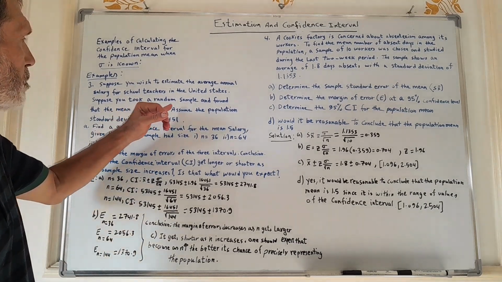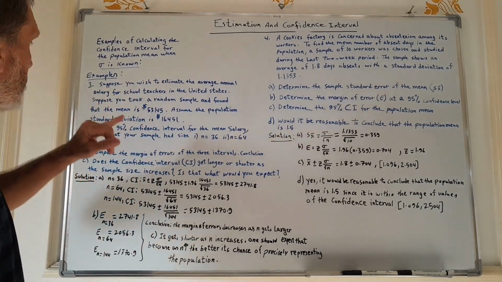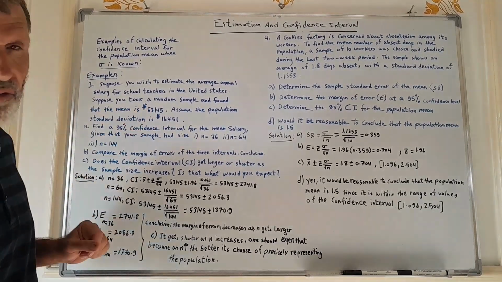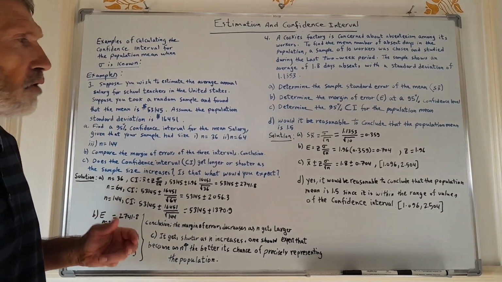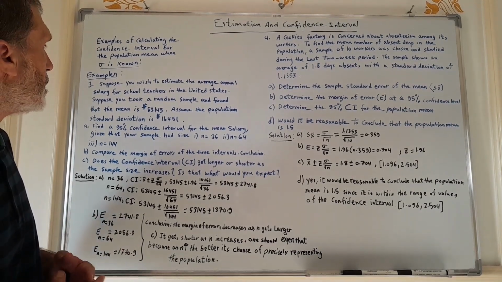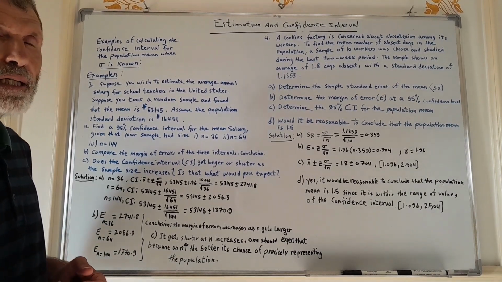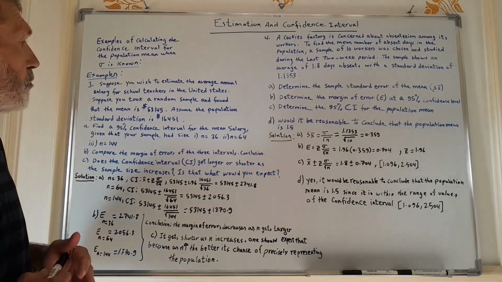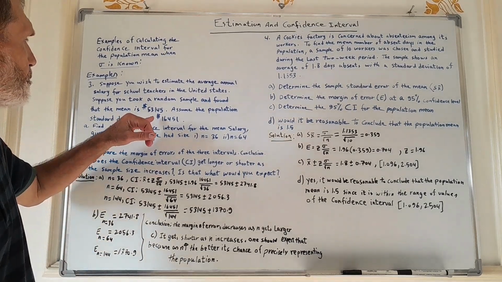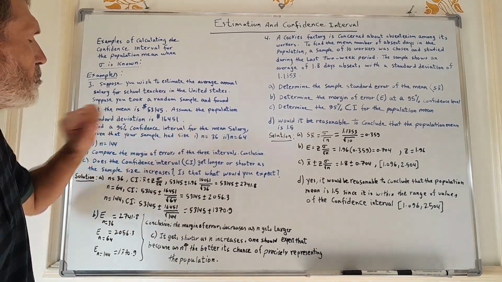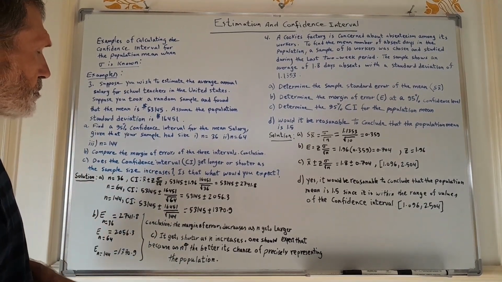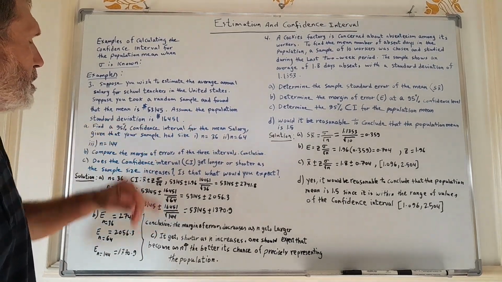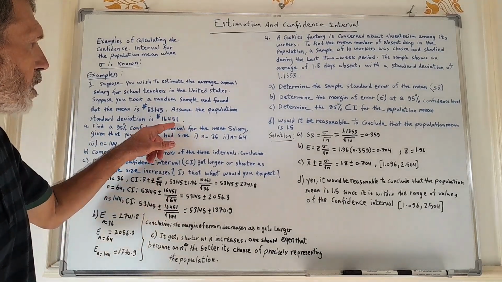Suppose you took a random sample and found that the mean of salaries of school teachers is $53,145. Assume that the population standard deviation is 16,451.